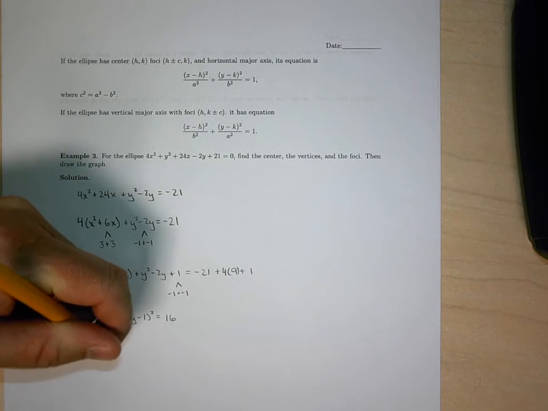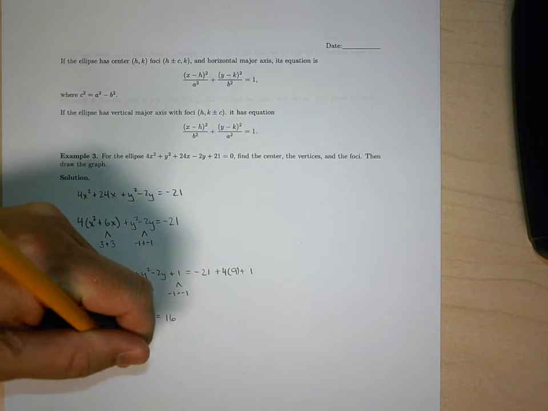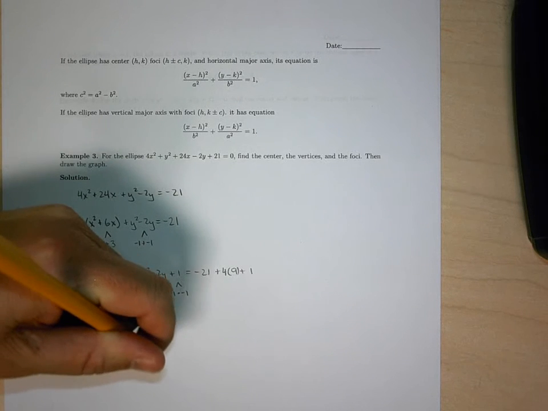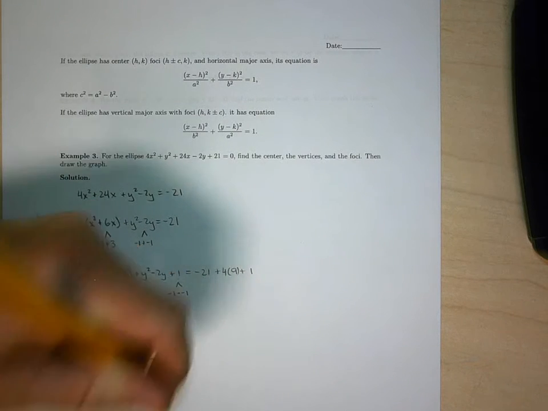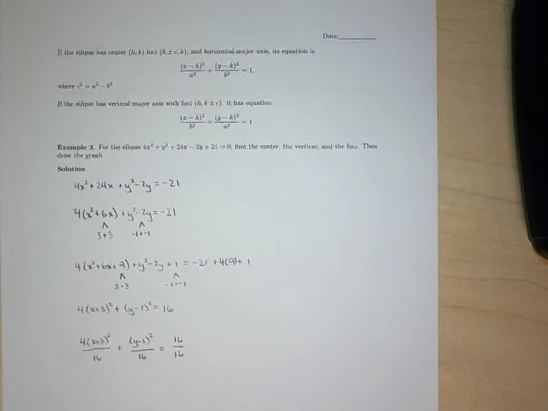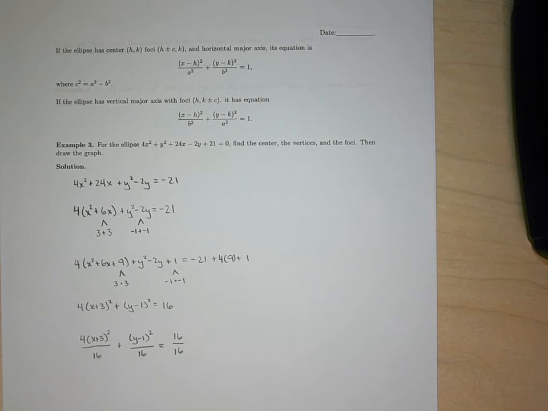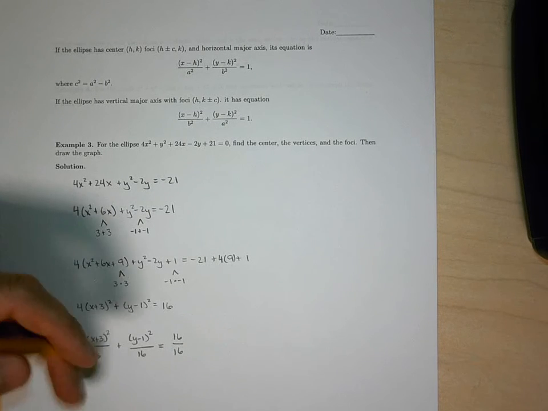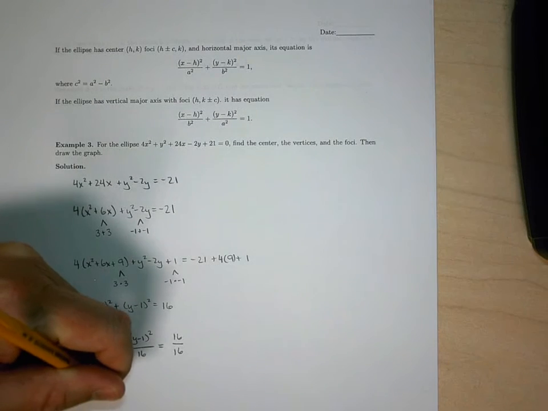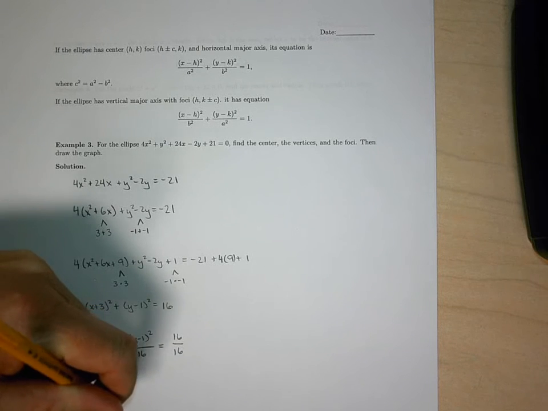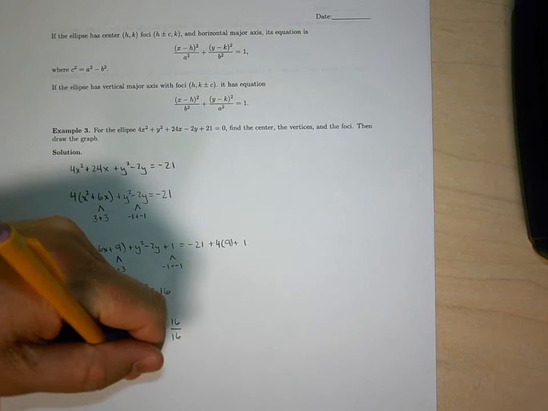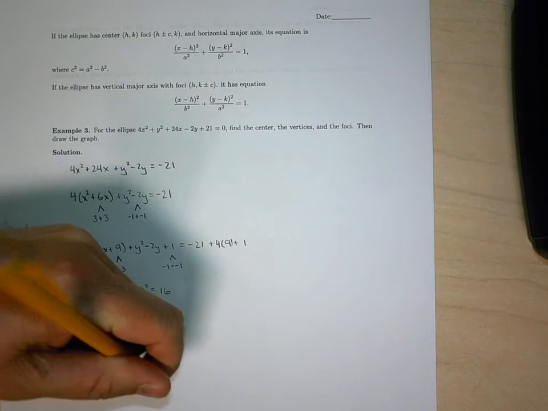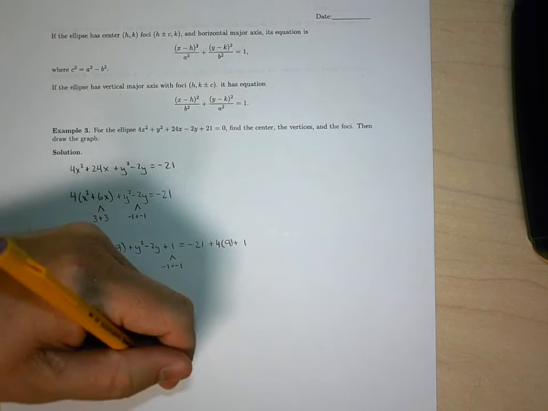That way we have a 1 on the right side. Four and 16 cancel out, leaving a 4 in the denominator. Nothing cancels in the y's, of course. 16 over 16 is 1.